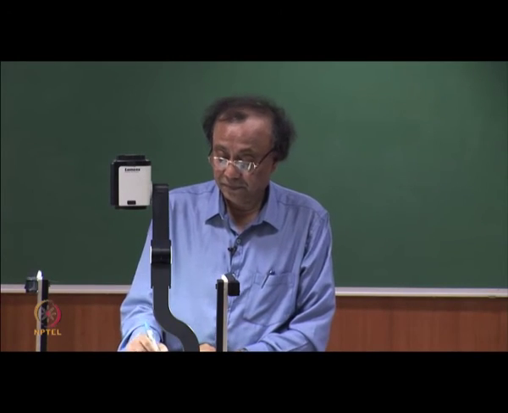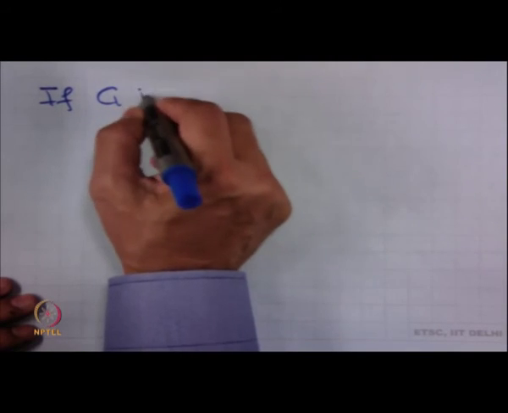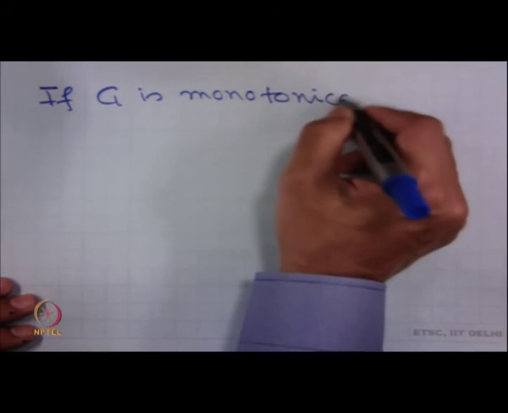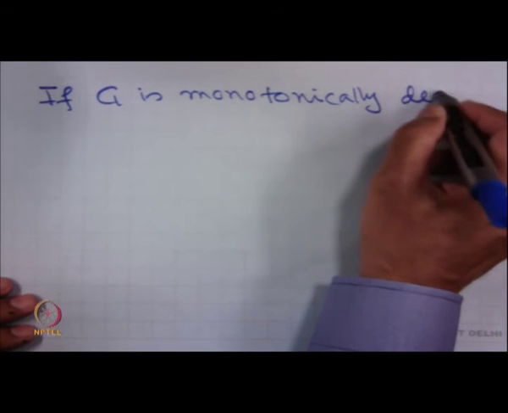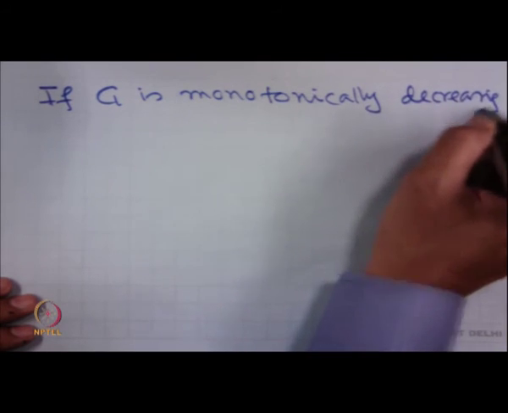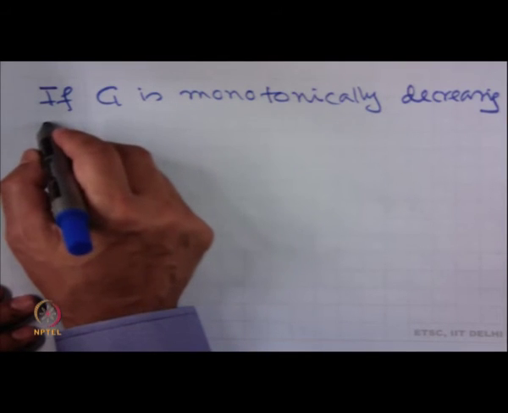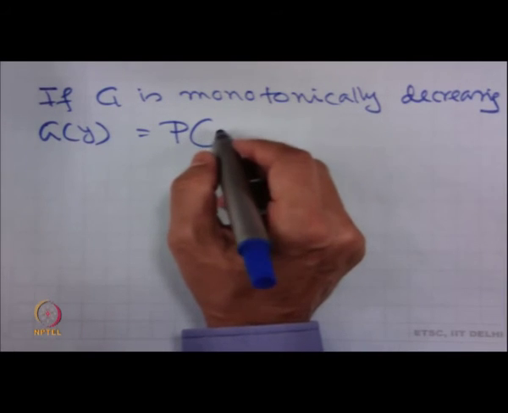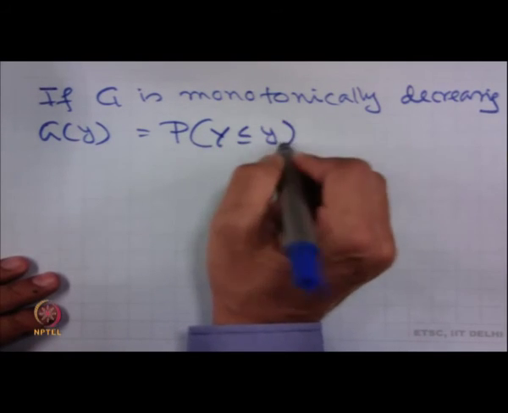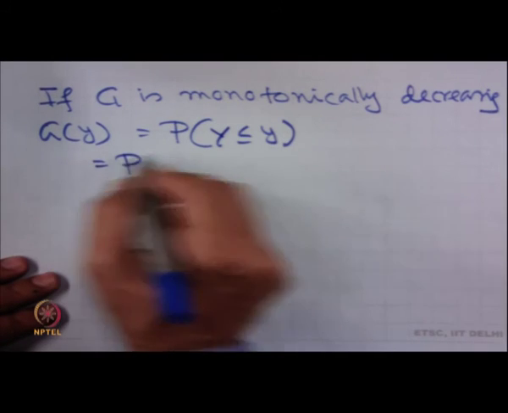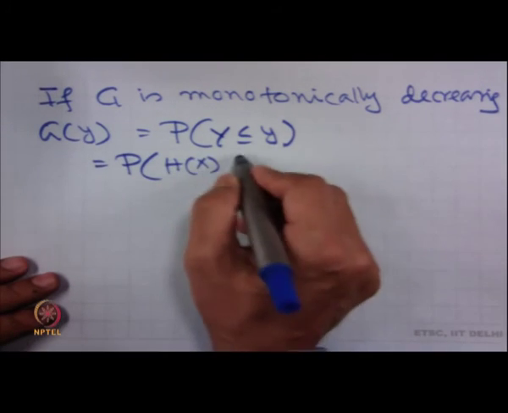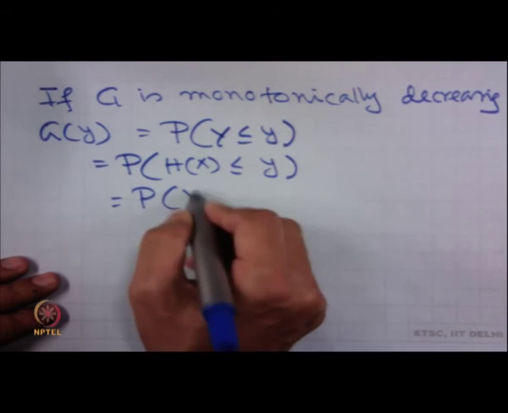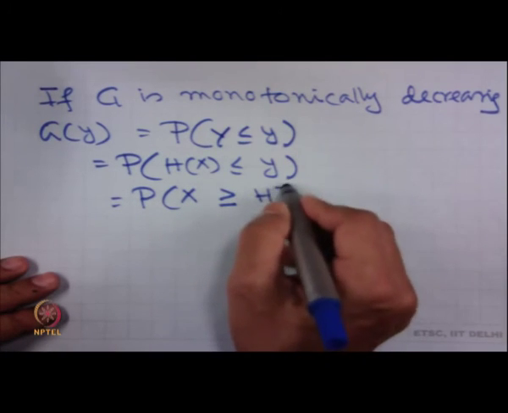If h is monotonically decreasing, then what will happen? G of y is equal to probability y less than equal to y, is equal to probability h of x less than equal to y, is equal to probability x greater than equal to h inverse y.